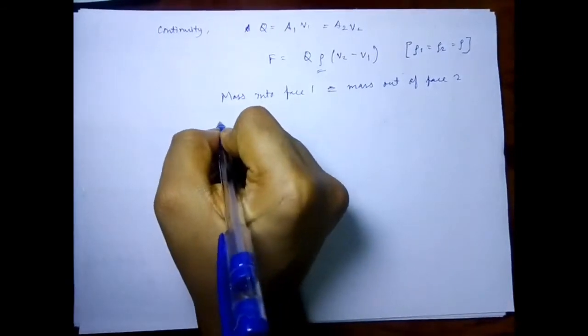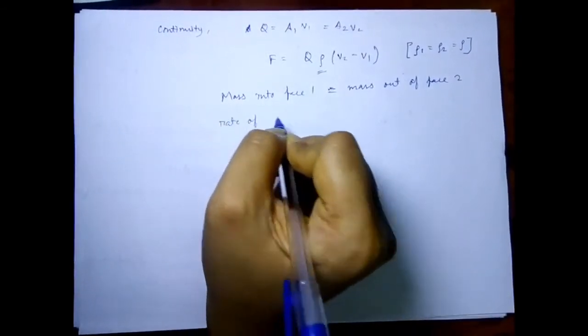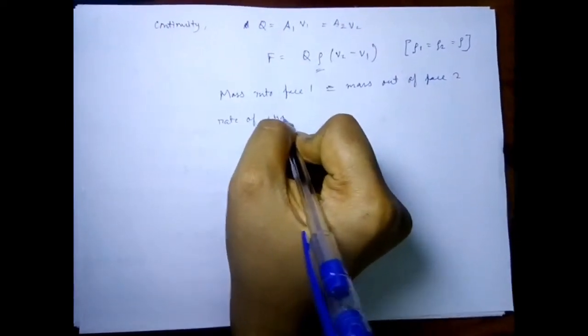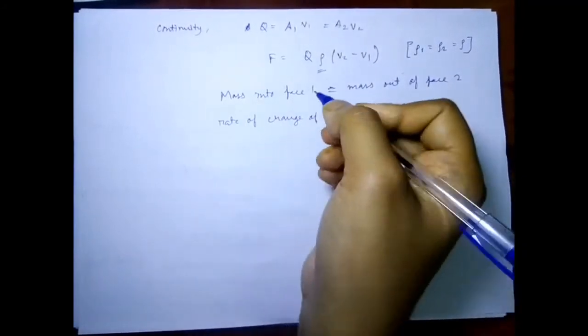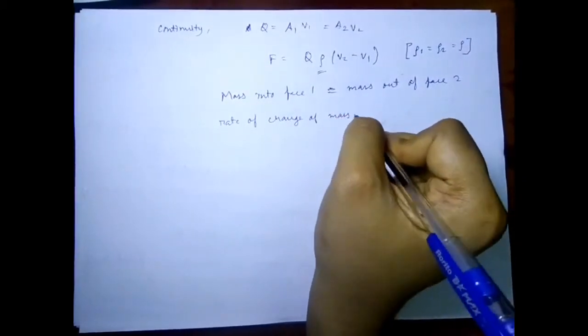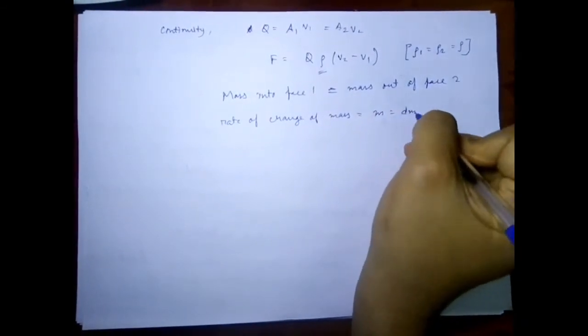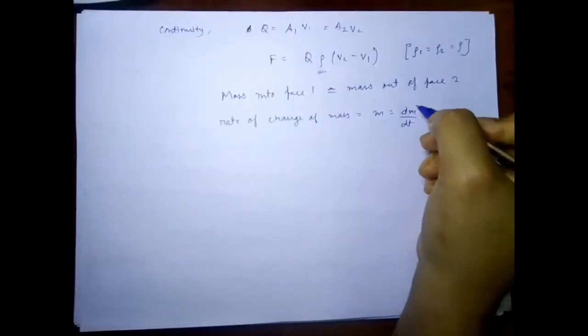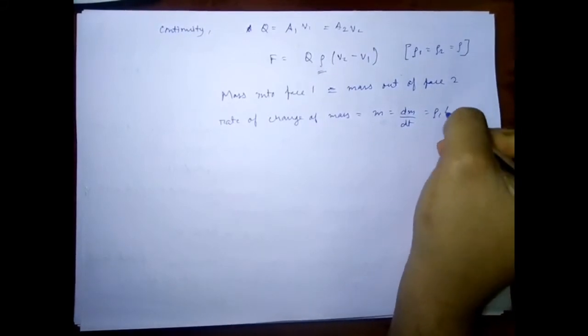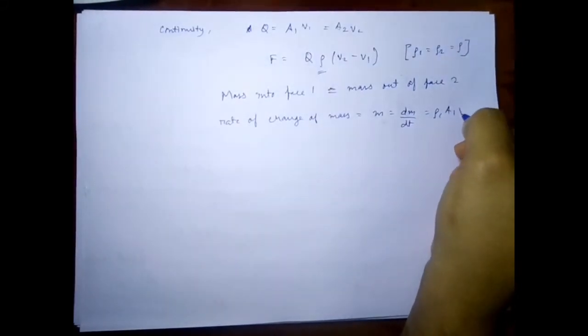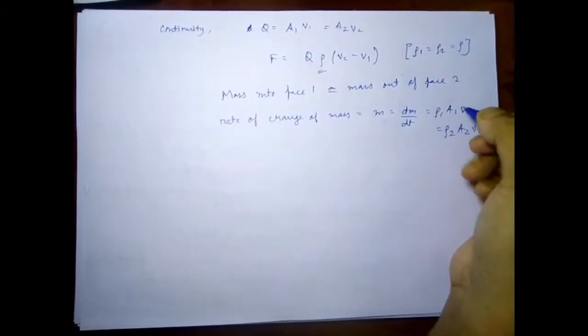The rate of change of mass, m dot, is equal to dm upon dt, and that is equal to rho 1 A1 V1, and that is equal to rho 2 A2 V2.